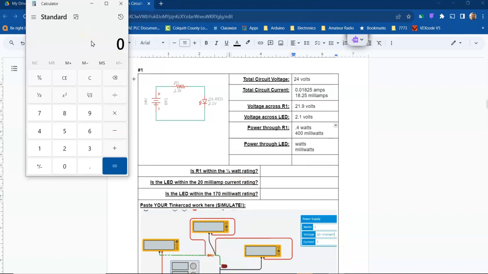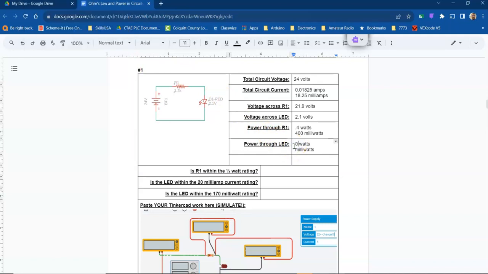Now, let's go 0.01825 times the LED voltage, 2.1 volts. That gives us 38.3 milliwatts, or 0.038 watts.